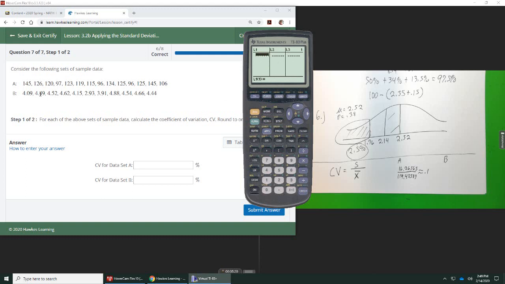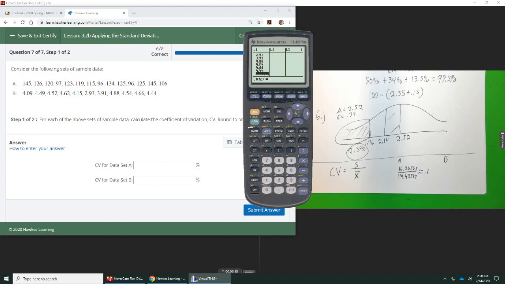Now we're going to put in the information for B. So we get 4.09, 4.49, 4.52, 4.62, 4.15, 2.93, 3.91, 4.88, 4.54, 4.66, 4.44. Go back and double check, just to be careful. 4.09, 4.49, 4.52, 4.62, 4.15, 2.93, 3.91, 4.88, 4.54, 4.66, and 4.44.